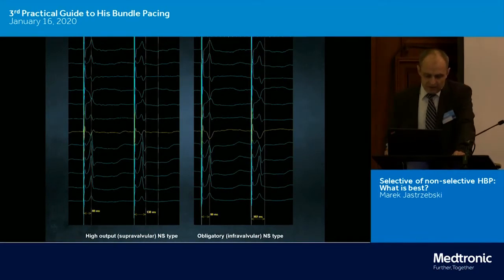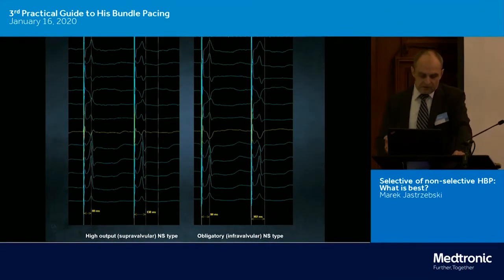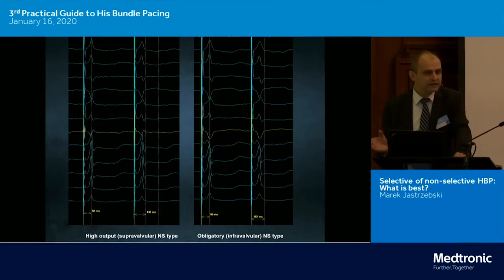I strongly believe that non-selective versus selective capture is not a 0 versus 1, or black versus white, kind of situation; there are degrees of non-selectivity. To illustrate this, you have these two tracings coming from the same patient. This is position number 1, and this is position number 2 of the 3830 lead.